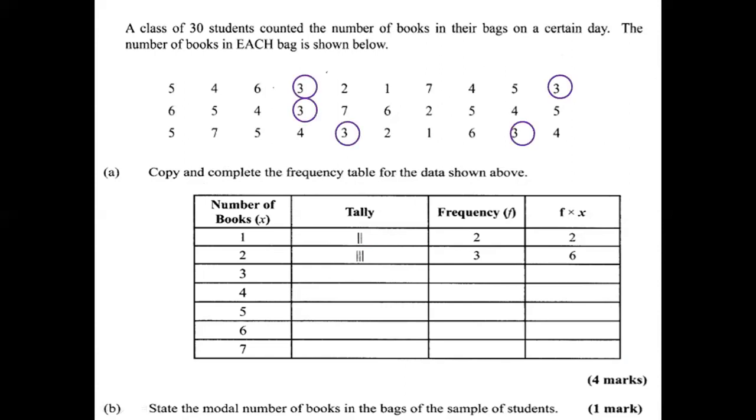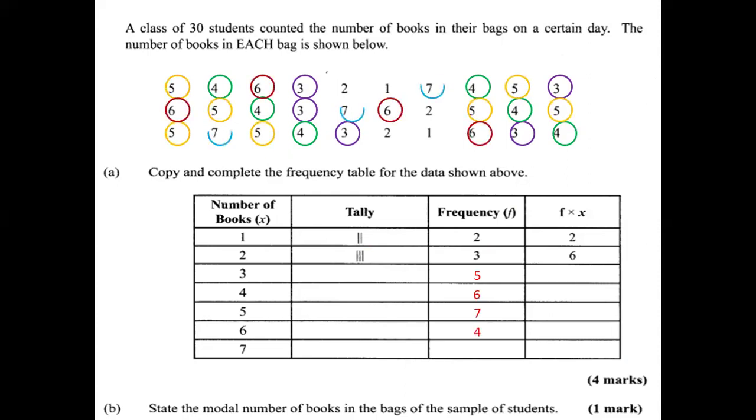Looking at the data, we notice that for 1 book, there are only 2 students. For 2 books in their bags, there are 3 students. There are 5 students with 3 books in their bags, and 6 students with 4 books, and so on and so forth. And there are 3 students with 7 books in their bags.